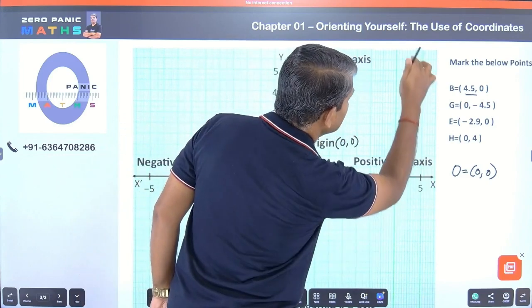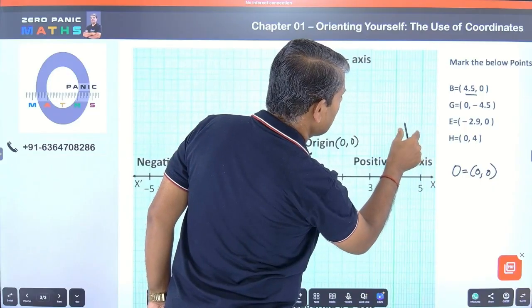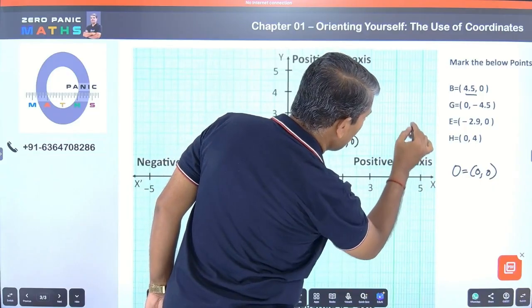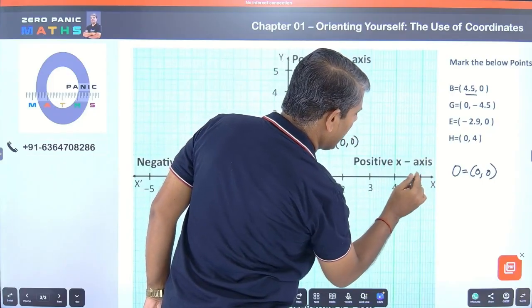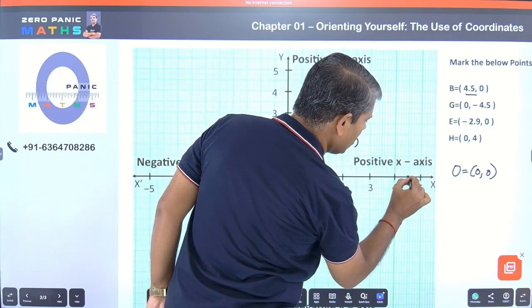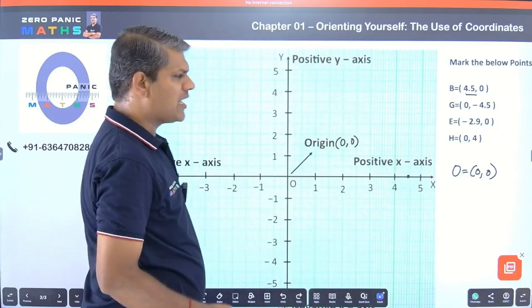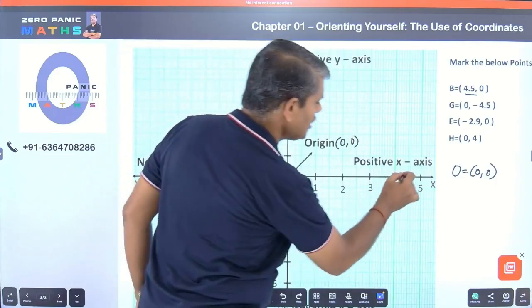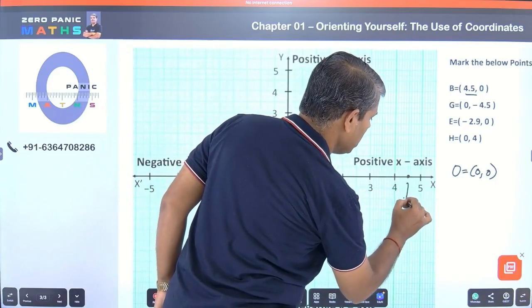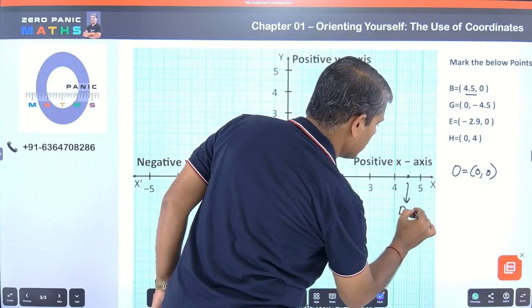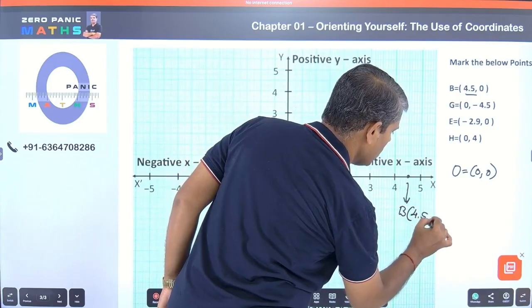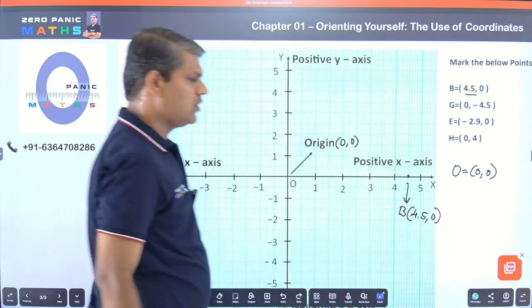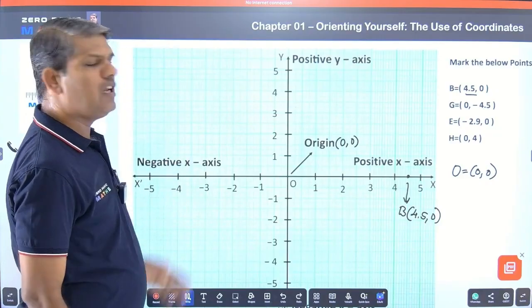In between these two vertical lines there are 10 lines. In the exact center of these two vertical lines you might find the fifth line, which is a little bit darker compared to the other lines. This point is B, and the value of this point is 4.5, and the y coordinate is 0. So this is how you represent these points.